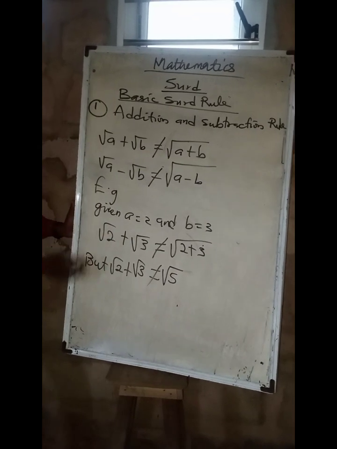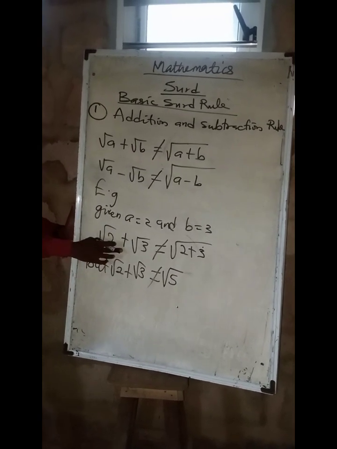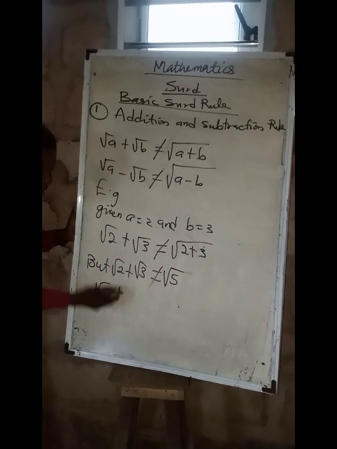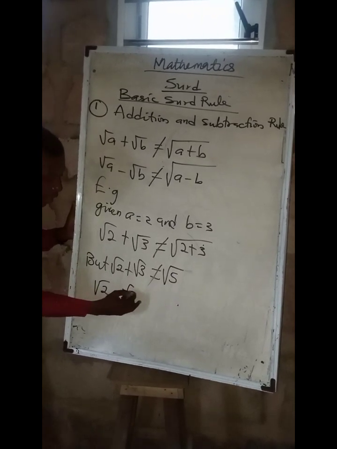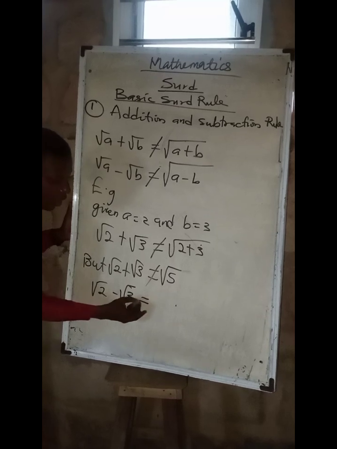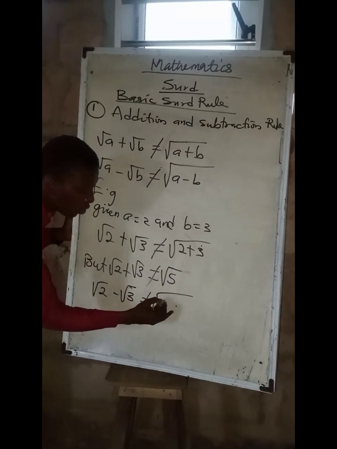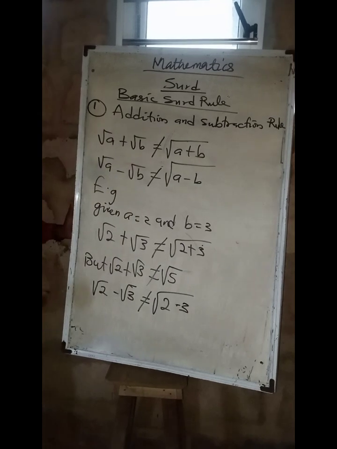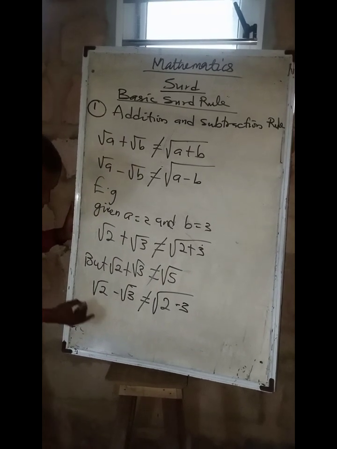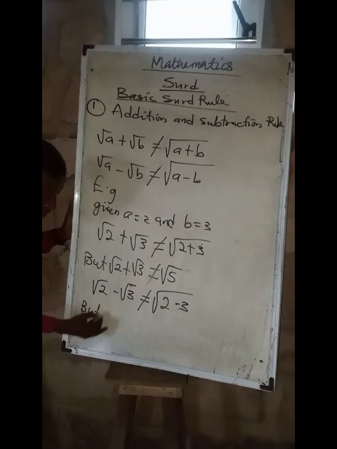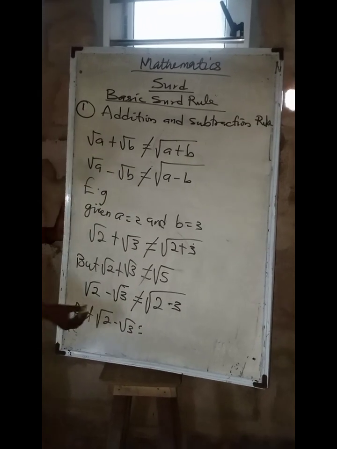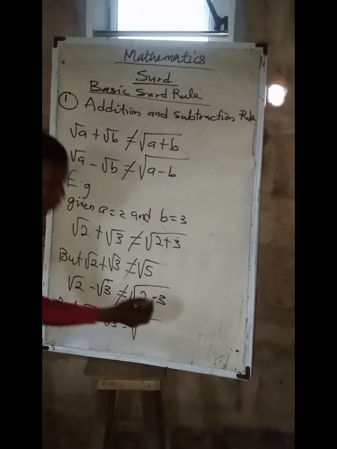If you also apply it on subtraction, remember this was addition, on subtraction we are saying that root 2 minus root 3 is not equal to root of 2 minus 3. So root of 2 minus 3 will give us what?